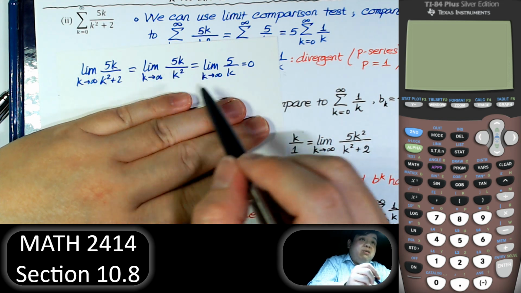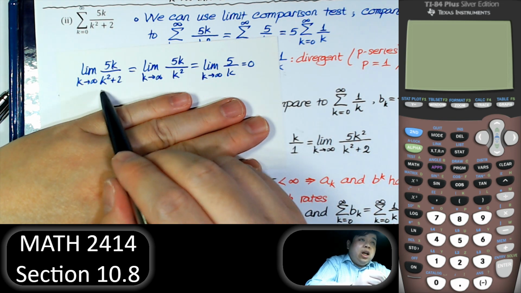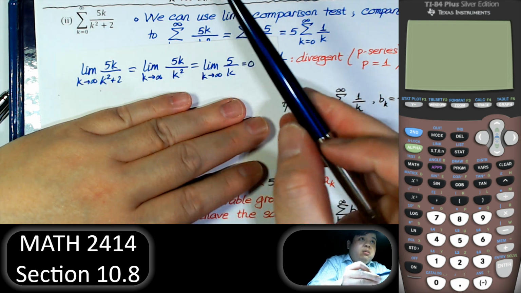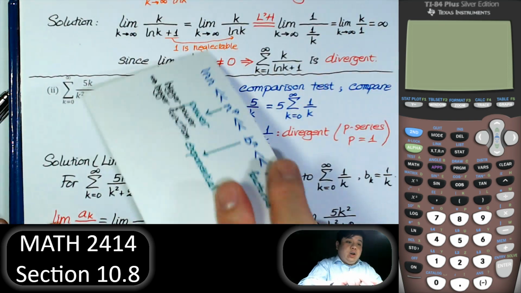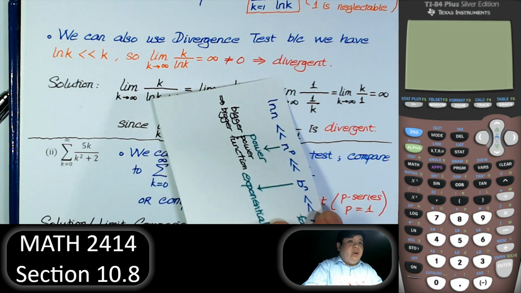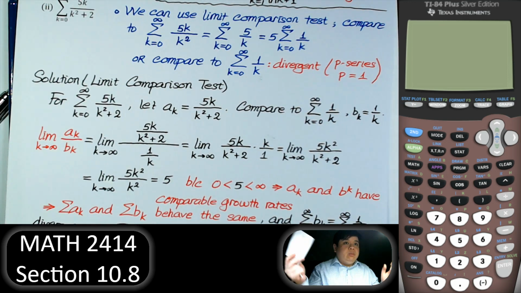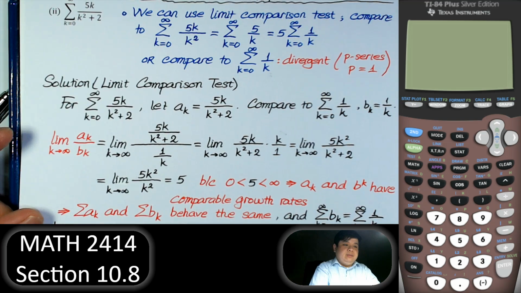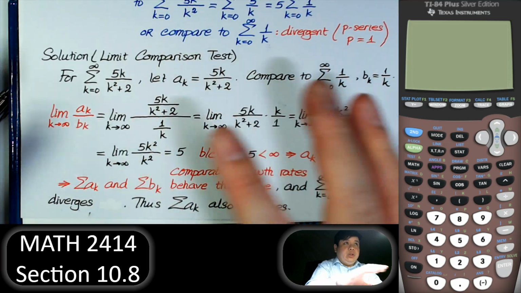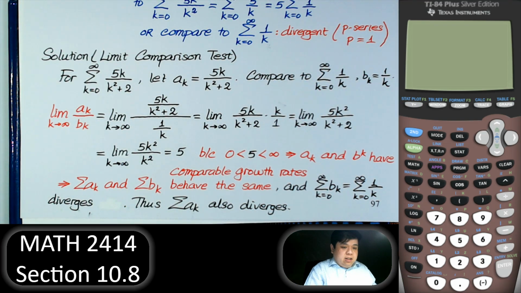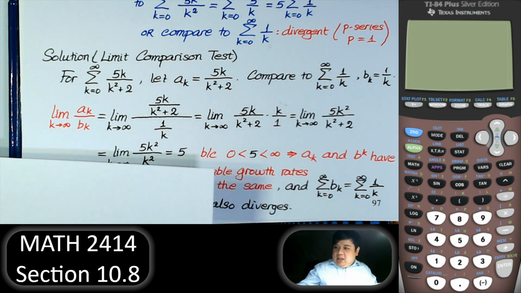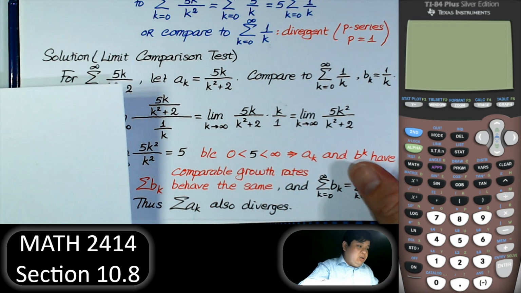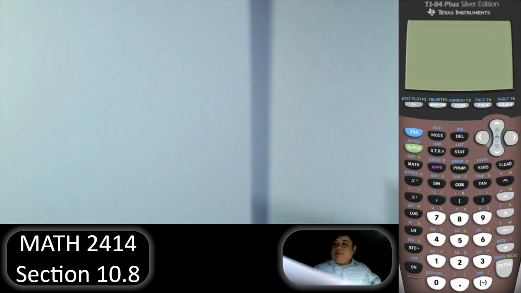So we cannot say if the series is convergent or divergent using the divergent test, because the k term goes to 0. If the k term does not equal 0, it diverges, which we don't have here. We have the term going to 0, that means the divergent test cannot be used. Right, so in that case we use a limit comparison test. I write a little more than what we need to, but I said it's better to write more details here, so all the reason behind this.